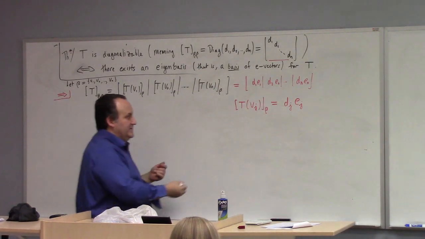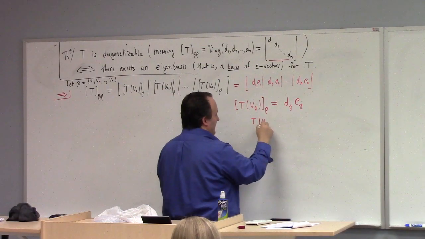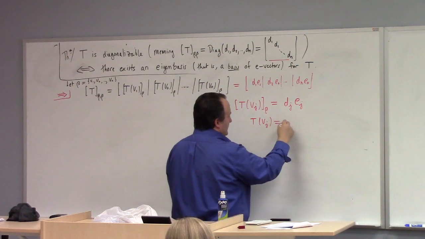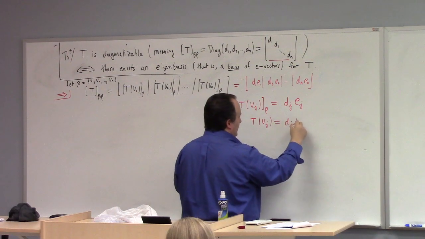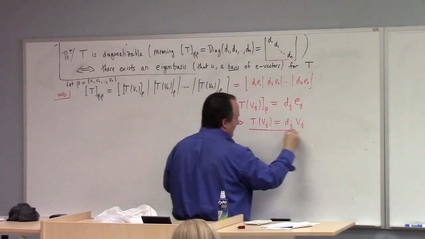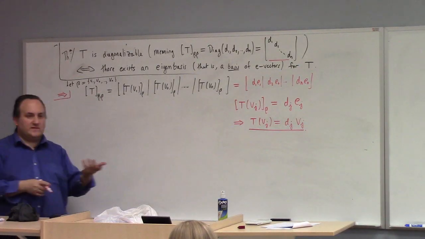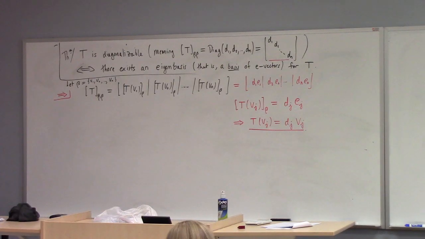But what that means, right, is that T of Vj is equal to dj times Vj. What does that make the jth basis vector then?